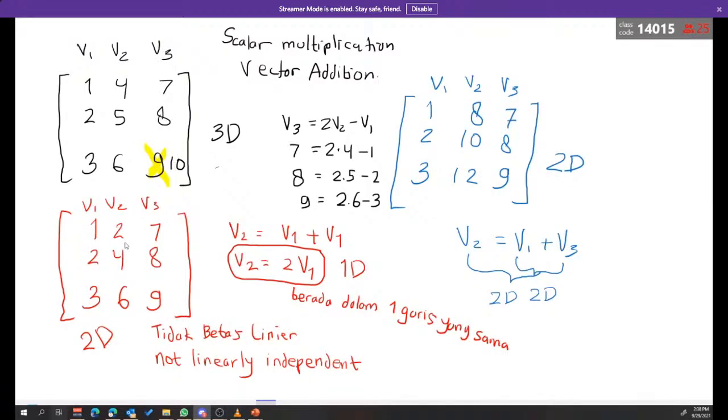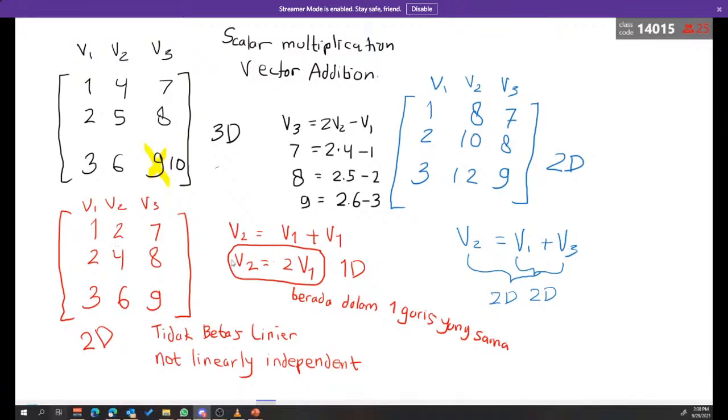Lain halnya kalau misalkan saya bilang yang warna merah sekarang, mari kita bayangkan V1, V2, V3 sekarang 1, 2, 3, 2, 4, 6, 7, 8, 9 misalkan seperti itu. Di sini saya tinggal masukkan alfa bernilai 2. Oke. Kemudian saya jadikan pengali dari V1, maka saya bisa dapatkan V2.